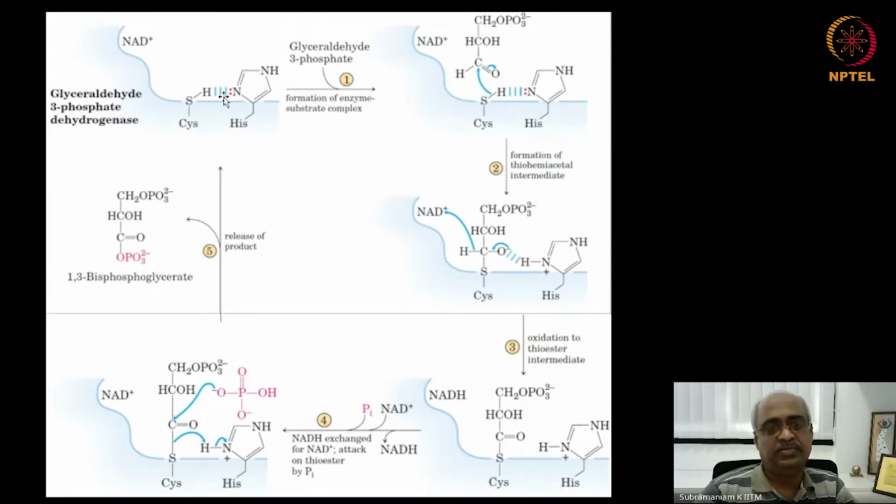So this is the active site structure. The first step is this hemiacetal, but it is a thiohemiacetal. So this is an alcohol group.